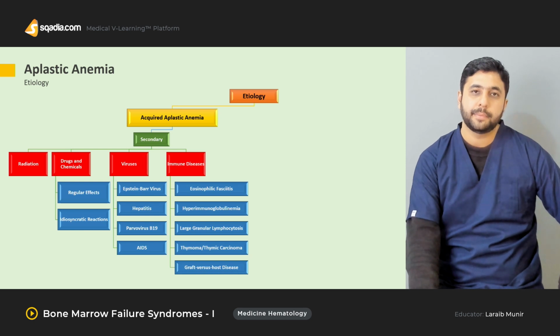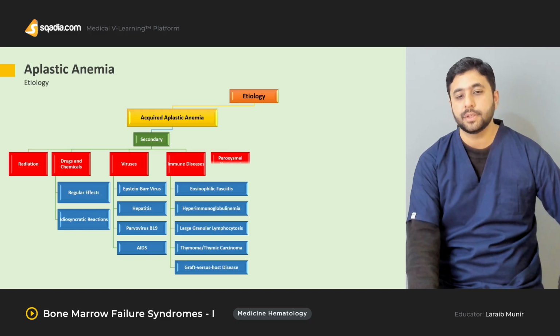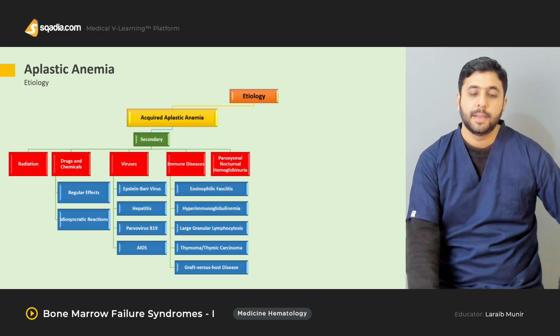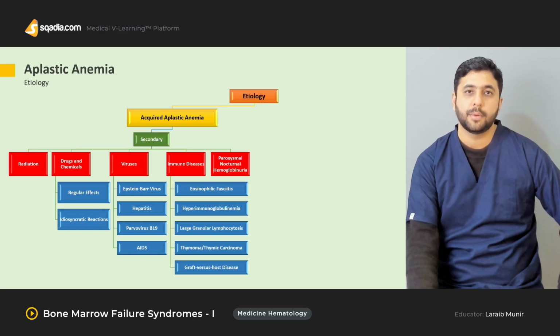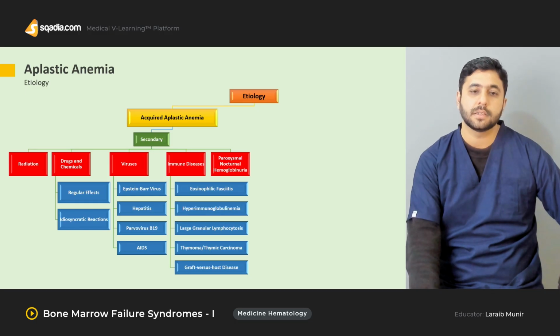And then in transplant patients, graft versus host disease, when there is transplant rejection, can lead to aplastic anemia or bone marrow problems as well. Paroxysmal nocturnal hemoglobinuria, which we talked about when we were talking about the hemolytic anemias, can also co-present with aplastic anemia.